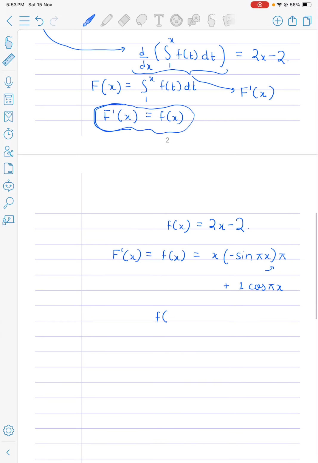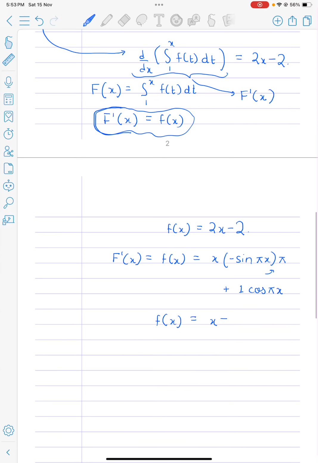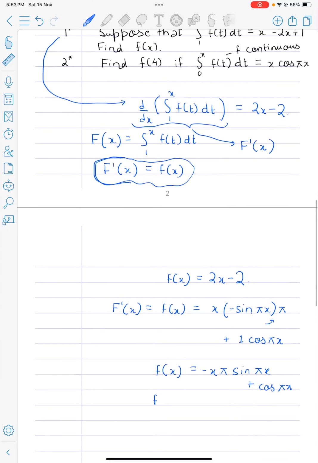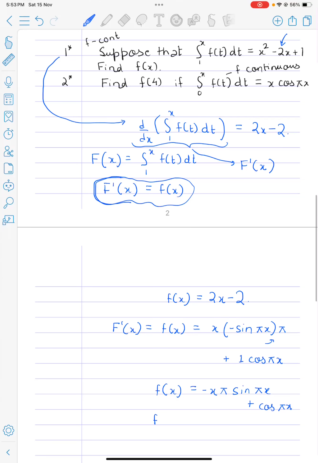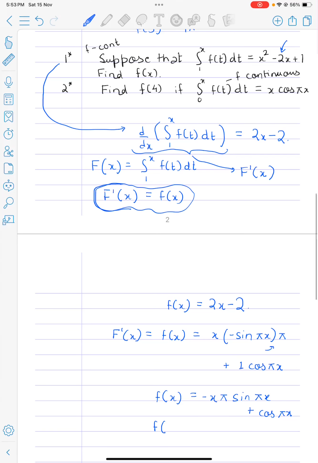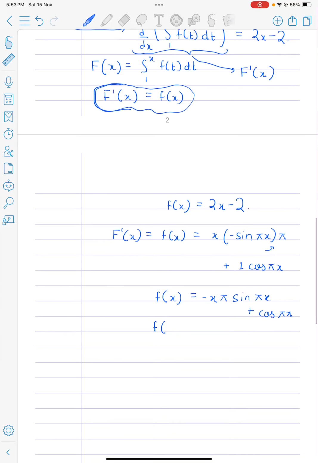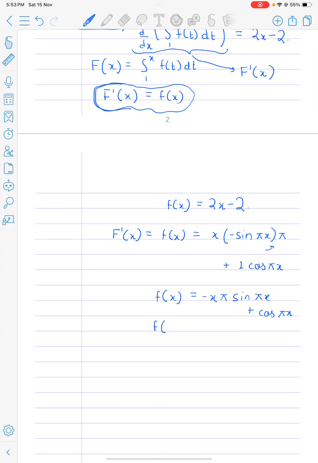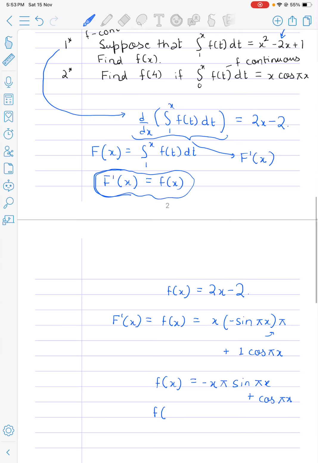So you will get f small x, this will be x, let me collect terms, this will be like this, plus cos(pi x).